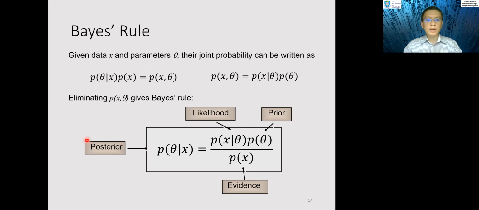We know that probability of theta given x is called posterior, and probability of x given theta is called likelihood, and probability of theta is called prior, and probability of x is called evidence.